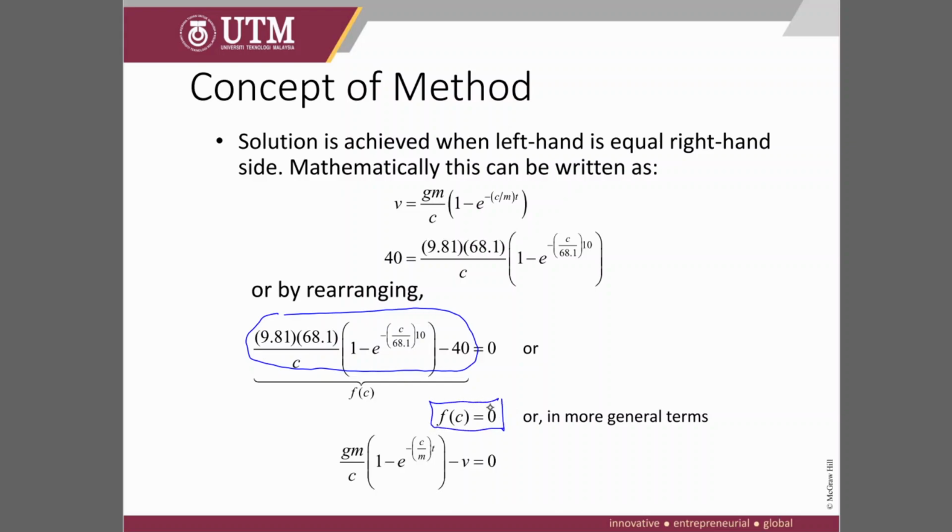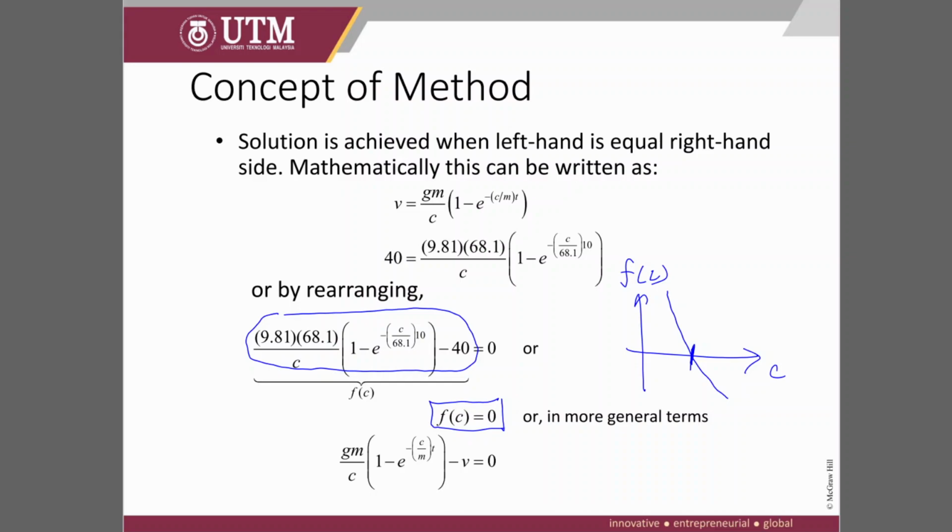So again, this is the root of a function. The function must intercept the x-axis and become 0 to find what the C value is. So now we have an idea. Okay, we know that somehow, this is f(C) and this is C. Maybe it will become like this, and this is the solution to our problem.